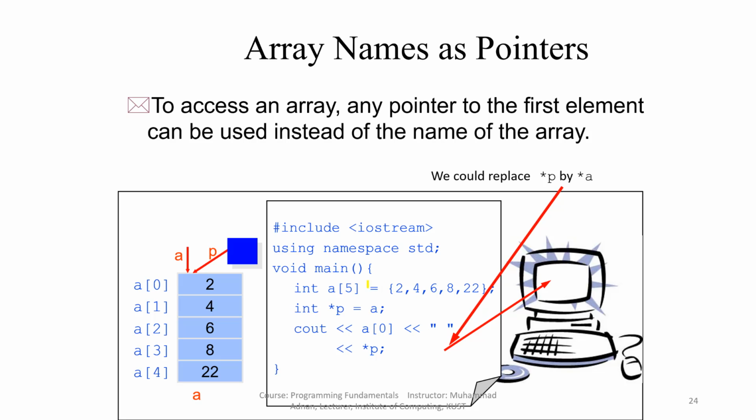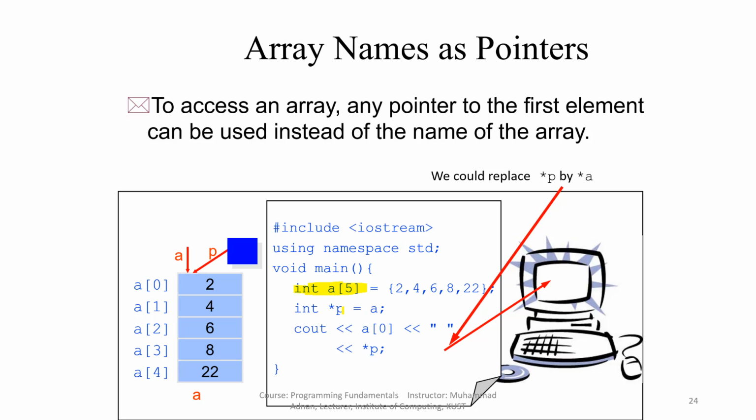Once again, this is your program. We declared array a of 5, assigned it 5 elements 2, 4, 6, 8, 22, and then we declared a pointer variable p and assigned it the address of the first element of array a.